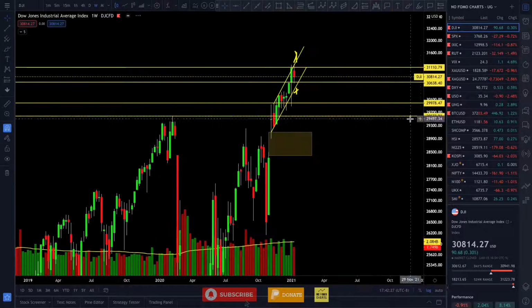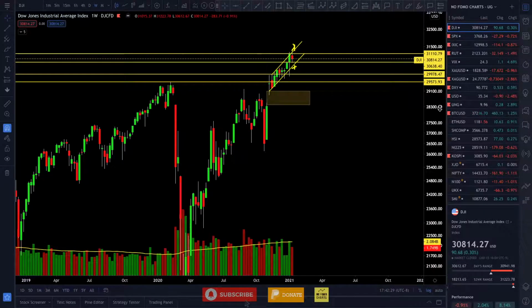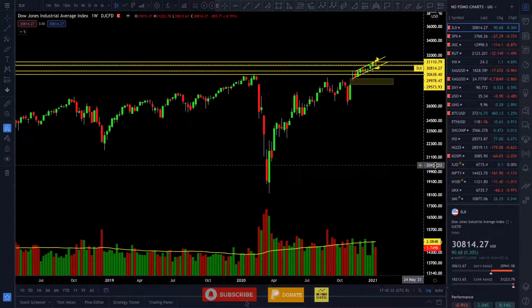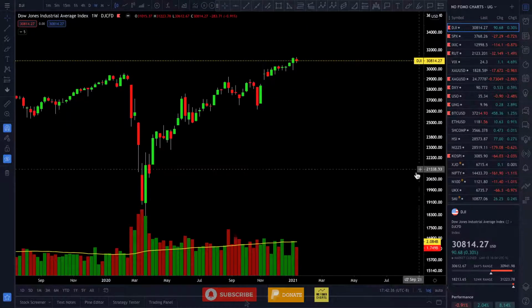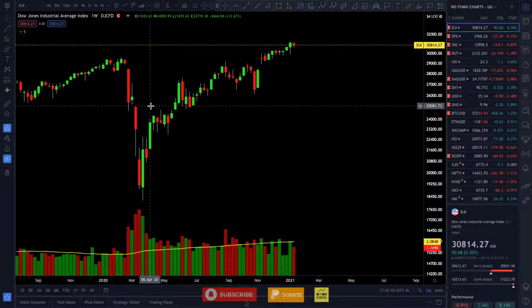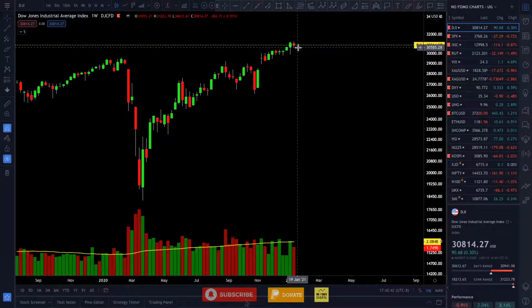But just remember, in the larger term picture, we're on a daily chart. If we zoom out to a weekly chart and leave this analysis alone, the lines we just drew, we're still in an uptrend. Higher high, higher low, higher high, higher low, higher high.